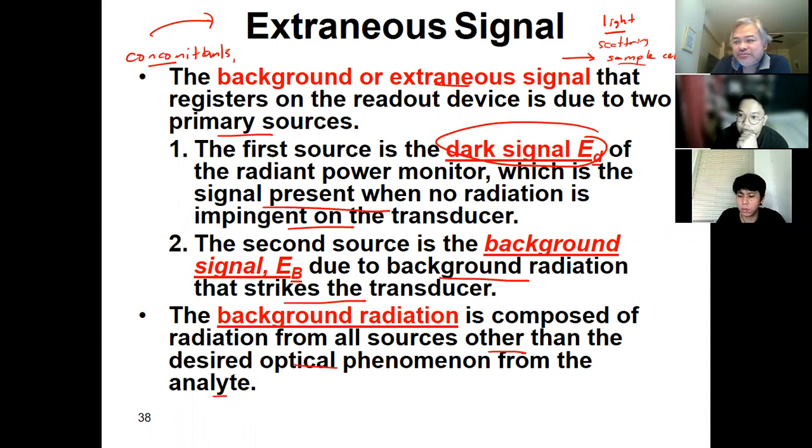Even I am still wondering where they came from, out of nowhere. At least, when you have fluorescence, you have what we call Rayleigh scattering, which we can consider as a background radiation or a background signal. So, how do you remove this background or extraneous signal?